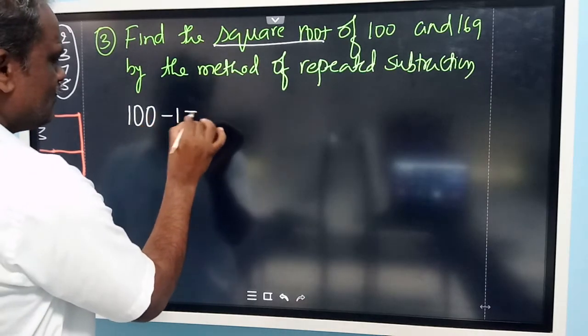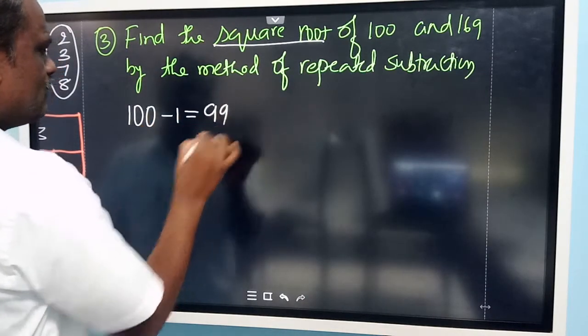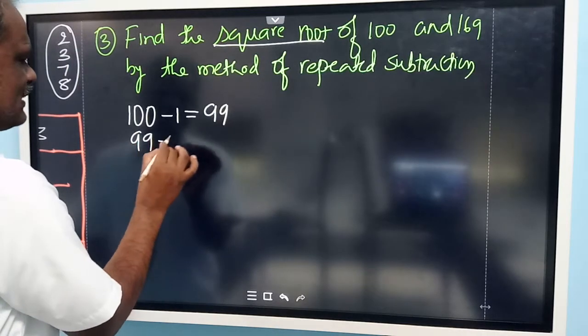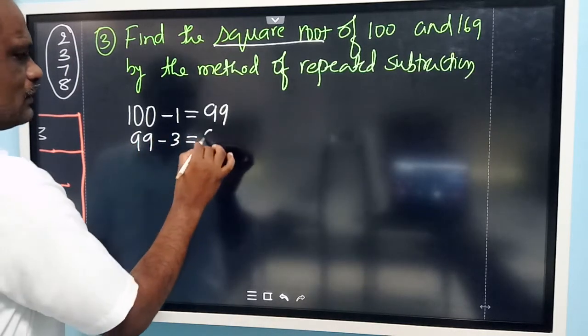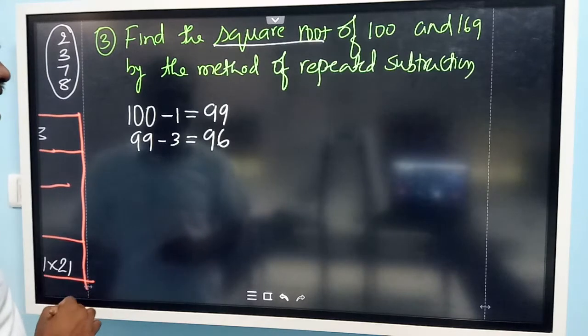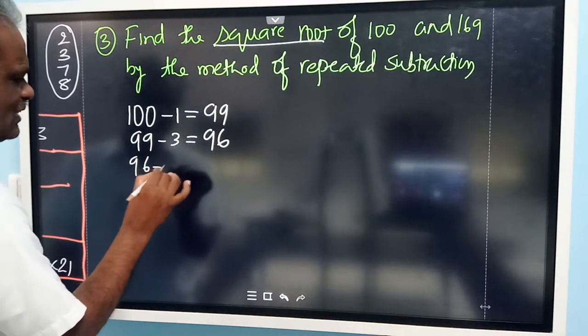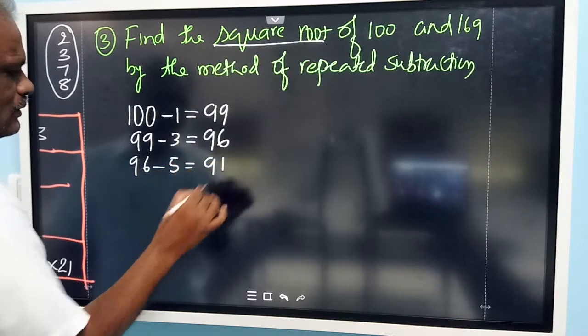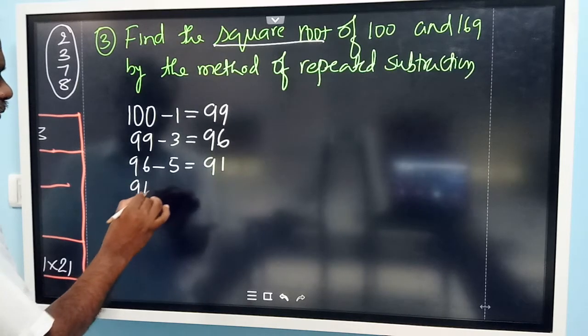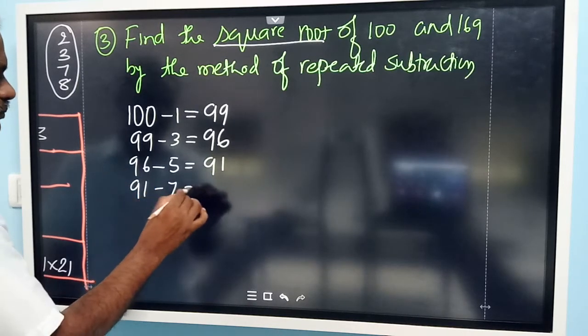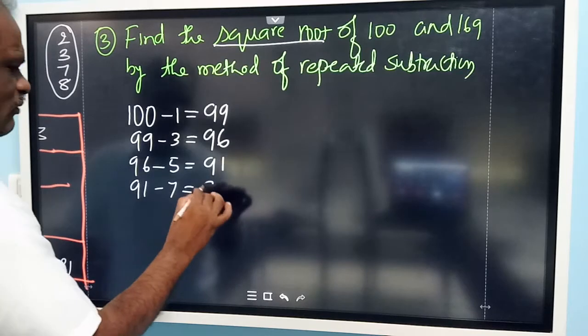100 minus 1, 99. Again 99 minus 3, 96. Next 96 minus 5, 91. 91 minus 7, 84.